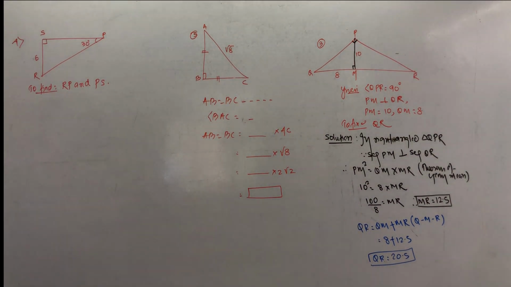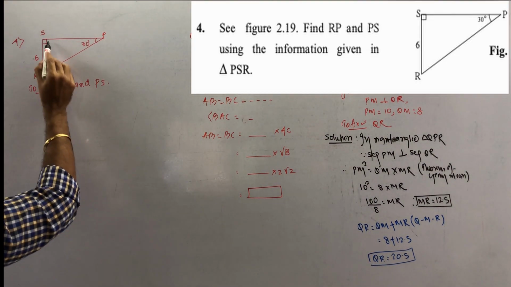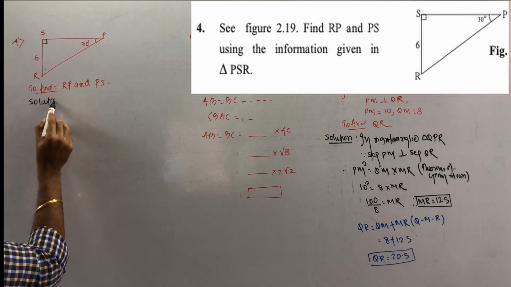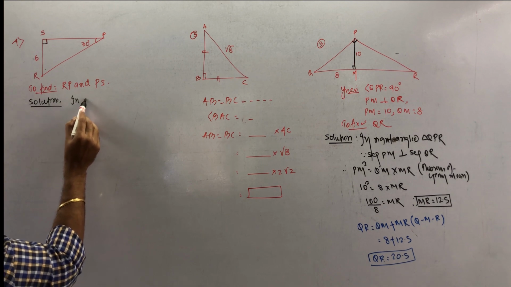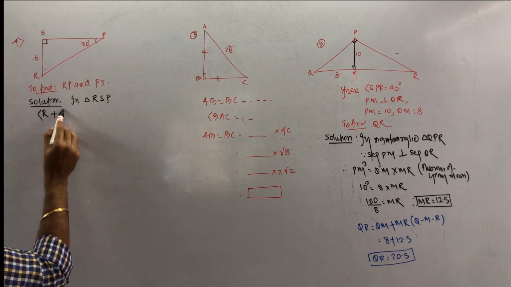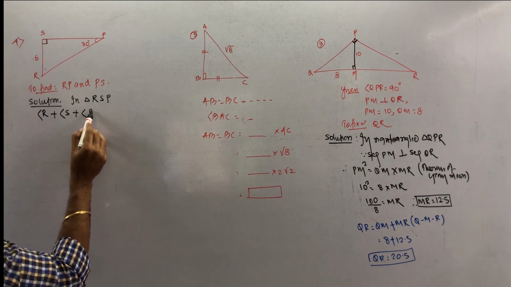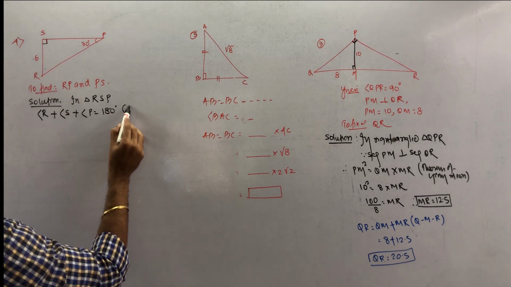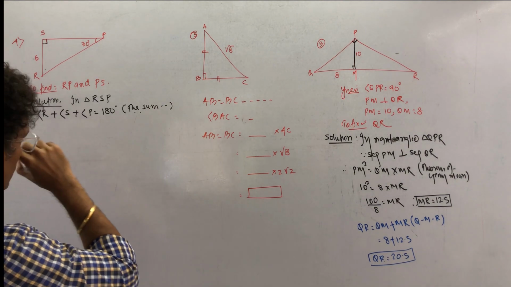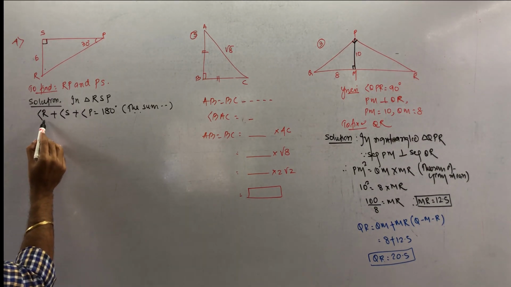Now check everybody over here. This is given as 30, this is given as 90, and the first thing to find is the third angle. So you can say with solution, in triangle RSP, I'll write in short, angle R plus angle S plus angle P is equal to 180 degree. The reason is that the sum of the measures of the angles of a triangle is 180 degree.